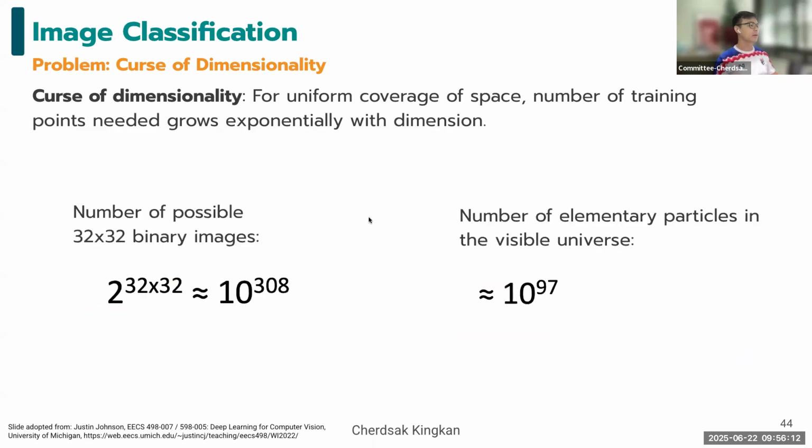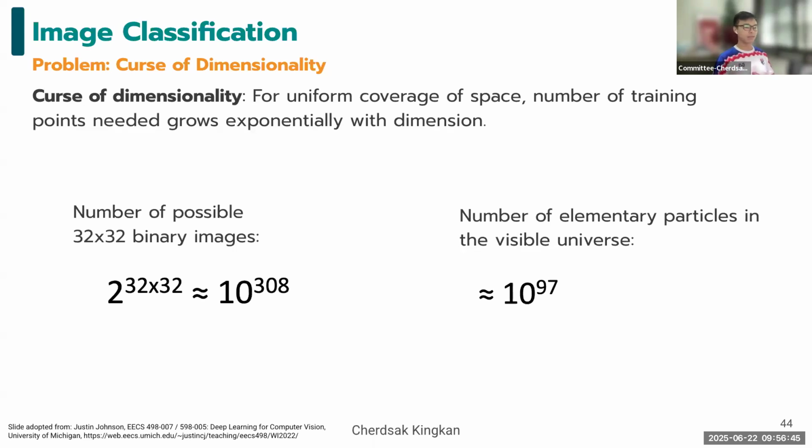So if you think about the image, just take the binary image. The binary image at each pixel has only two values, right? 0 and 1. And if we have a binary image of 32 by 32, the number of images that is required to train this k-nearest neighbor to fit the space of binary images would be 10 to the power of 308.